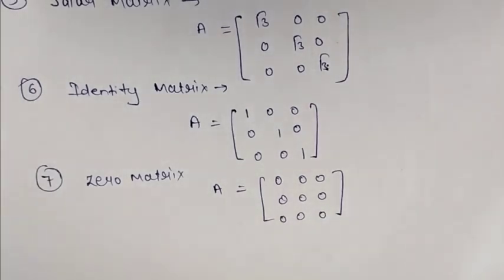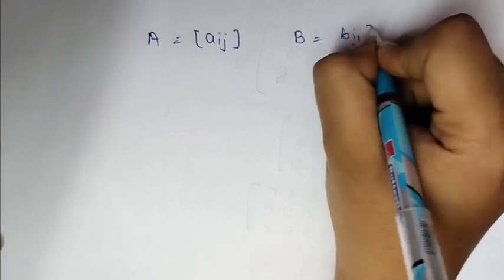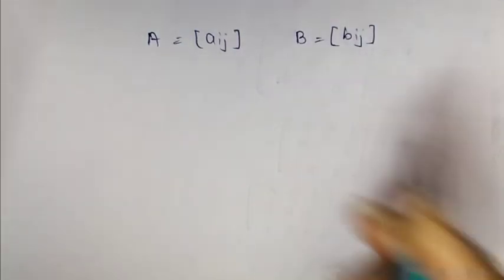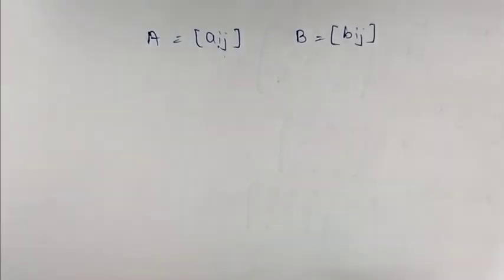Okay, now we take another topic, that is equality of matrix. Equality का क्या meaning होता है? Here we compare two matrices. If we are having A equals to Aij and we have B equals to Bij. As you know, i means the row element, j means the column element.